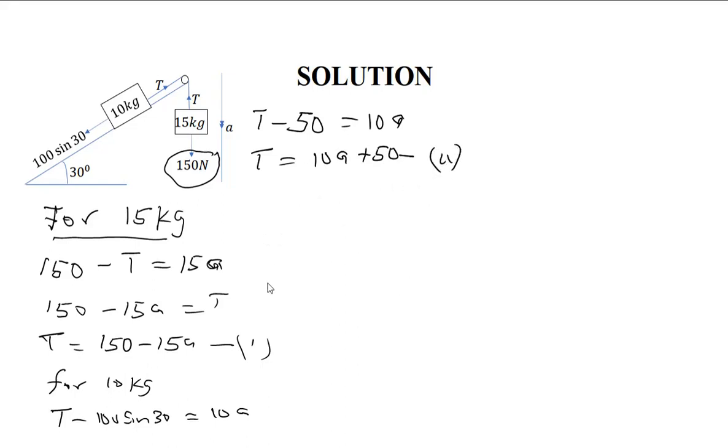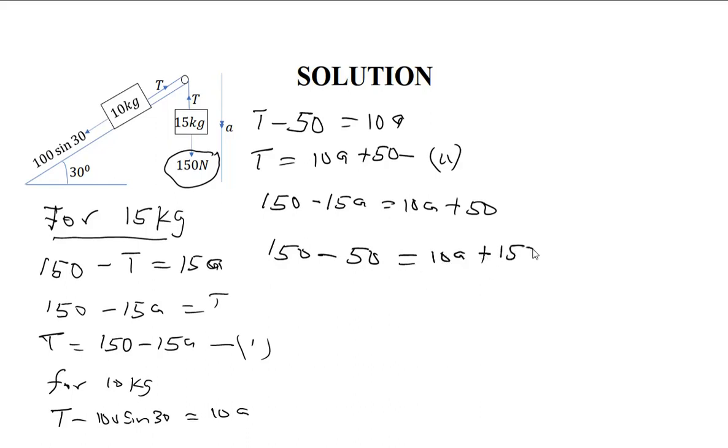Now equation 1 and equation 2 are equal because tension on the same string is equal. So we have 150 minus 15A is equal to 10A plus 50. Collect like terms. 150 minus 50 is equal to 10A plus 15A.